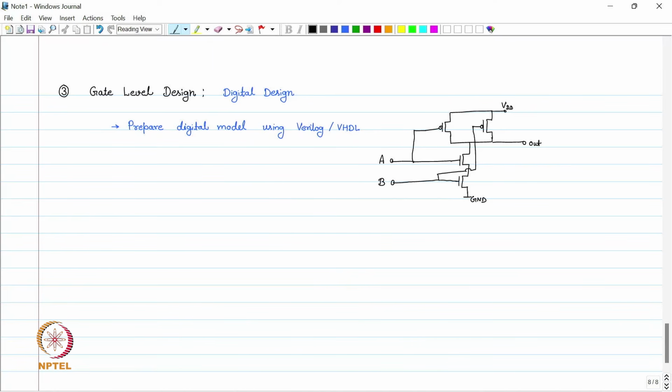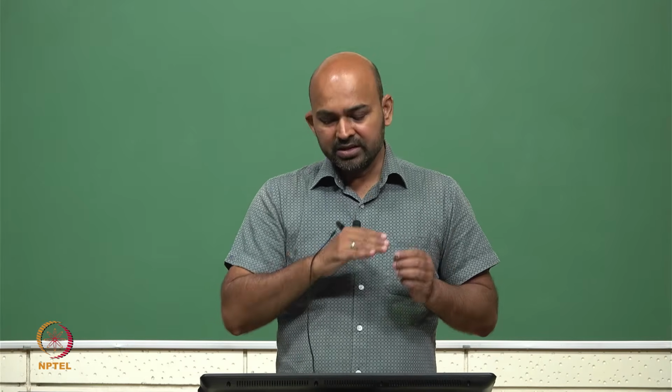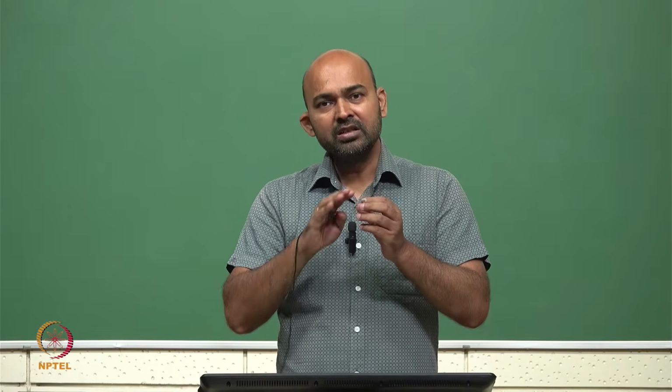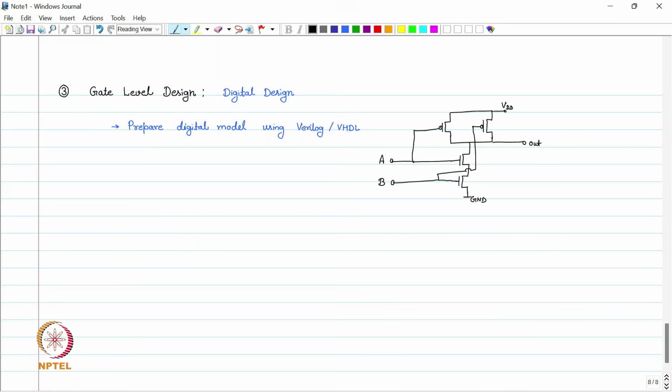Now when we make this as a gate using digital design, we are not concerned about how the output is changing when the inputs A and B are changing. We are not interested in the transitioning, the sharp curves which the output follows from high to low.